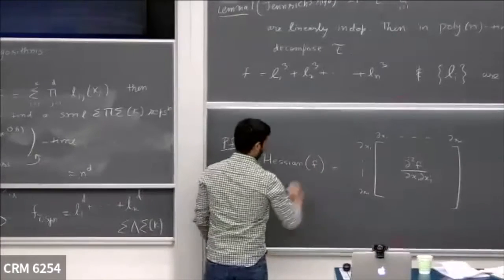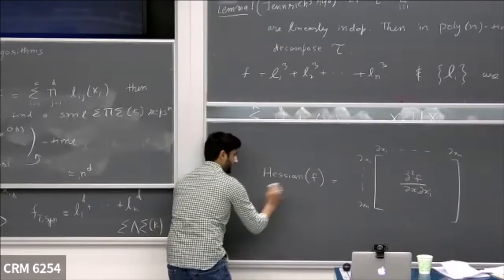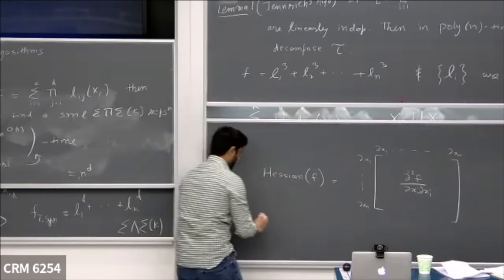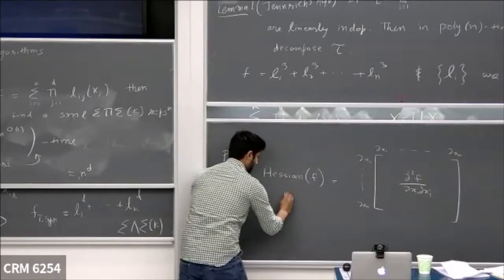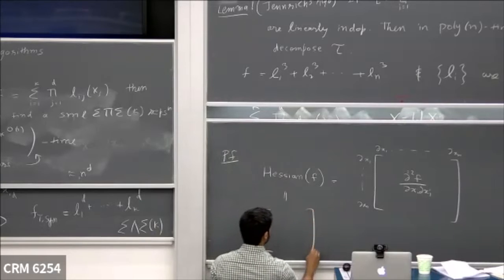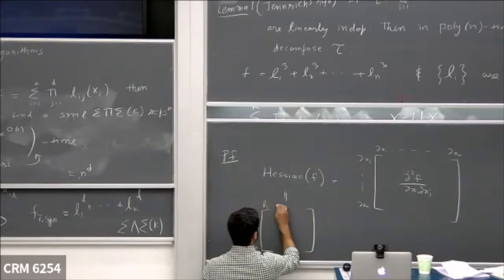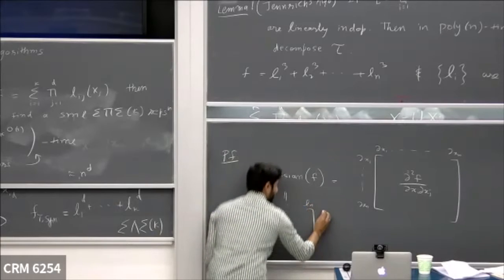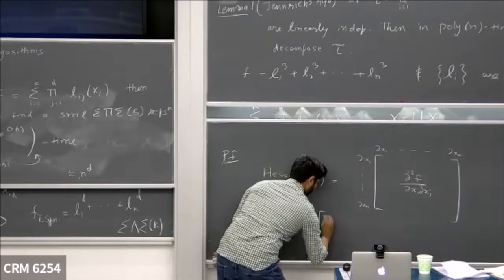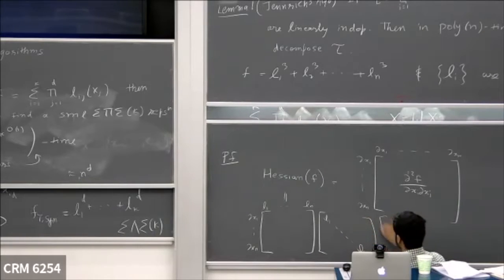So as it turns out, this Hessian matrix factorizes in the following way. So this is also equal to, just write it, x1 dot dot xn and L1 dot dot Ln, followed by a diagonal matrix, and the transpose of this matrix.